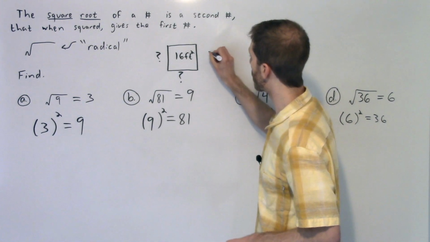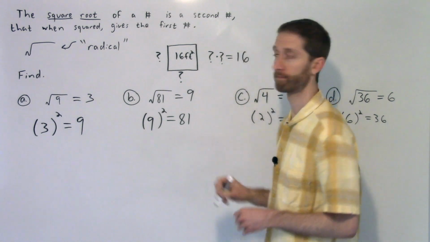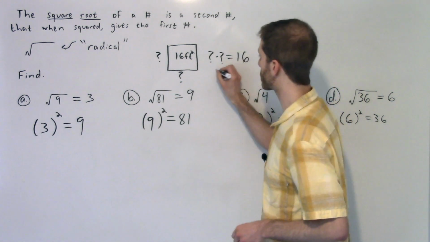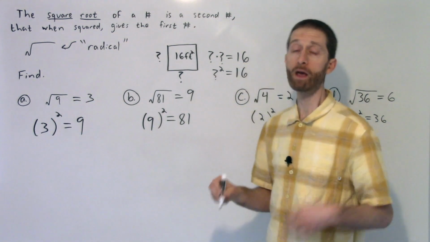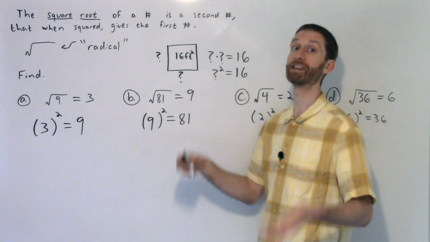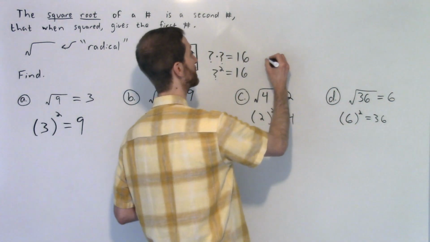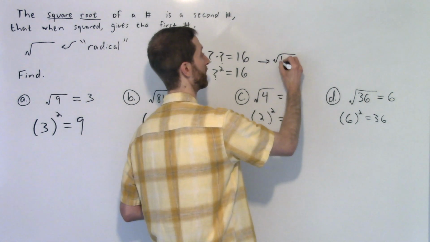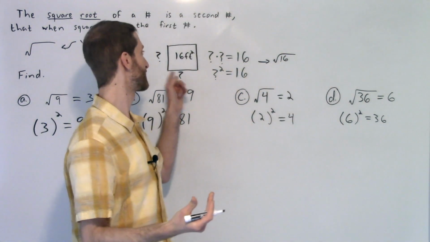So we're saying question mark times question mark equals 16 feet squared. Well, question mark times question mark is question mark squared equals 16. Another way of saying that is, what number when squared gives us 16? So what we're really asking here is, what is the square root of 16? Or the root of the square, which would be the side lengths.